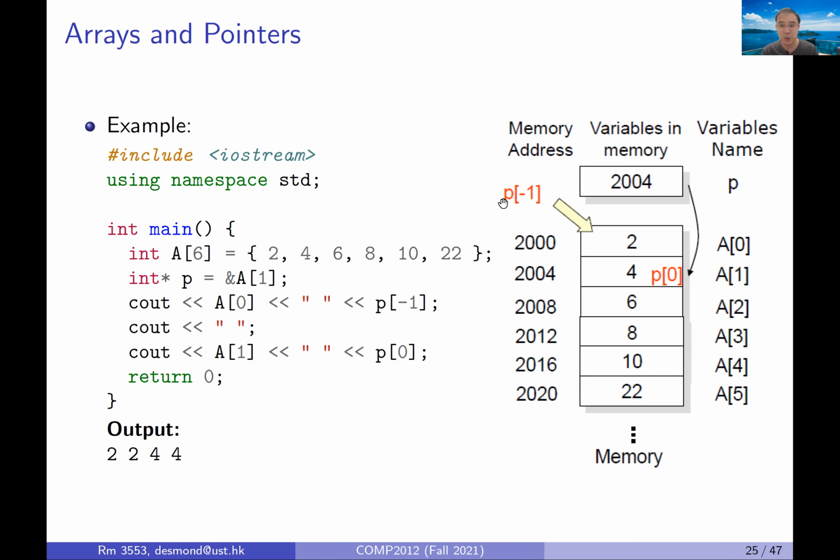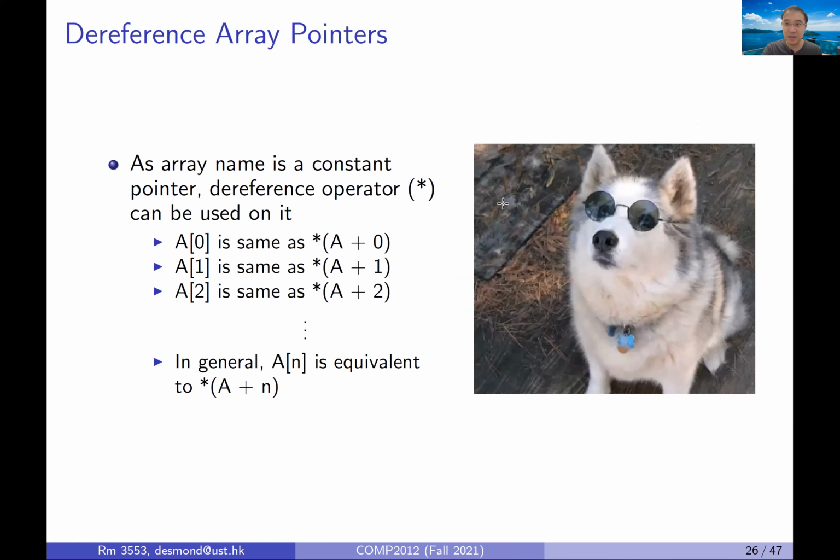Okay, next. Wow, you see the dog is pretty cool, huh? Sunglasses, pretty cool. And what I want to say here is square brackets is actually equivalent to move and follow the arrow. In other words, if you have a pointer, you can do addition to move the pointer.